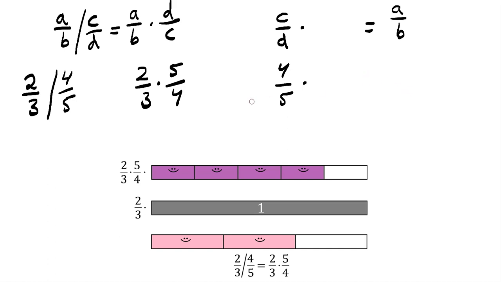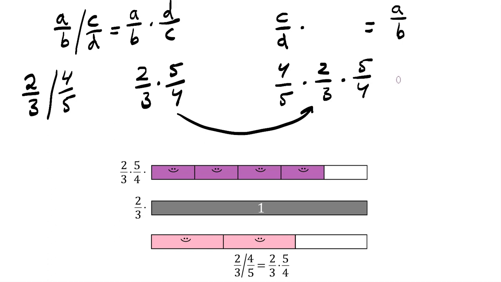Let's see if this is equal to 2/3. So I put this here. And what do I get? Now I'm allowed to use multiplication rule for two fractions. And if you want to know how to motivate that, there is another video on how to motivate that rule.